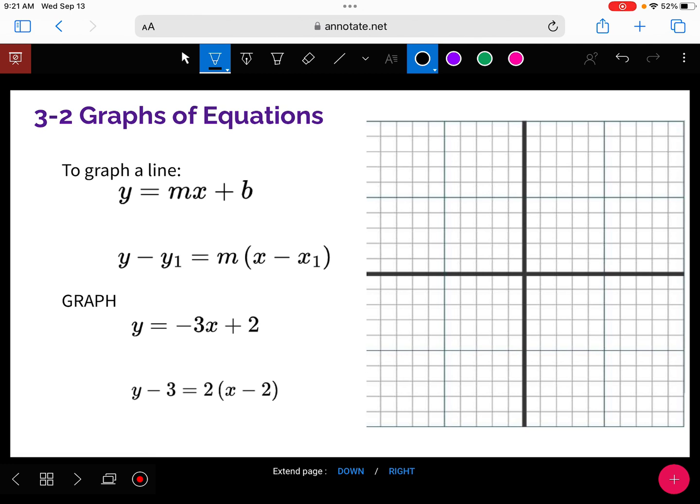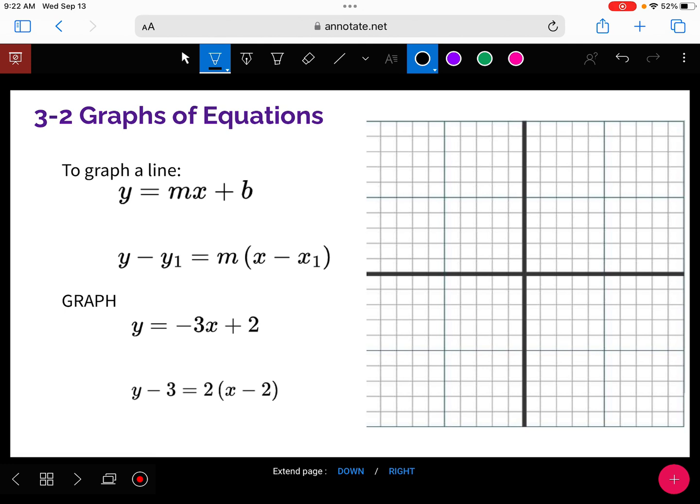We're going to go through as many graphs as we can.